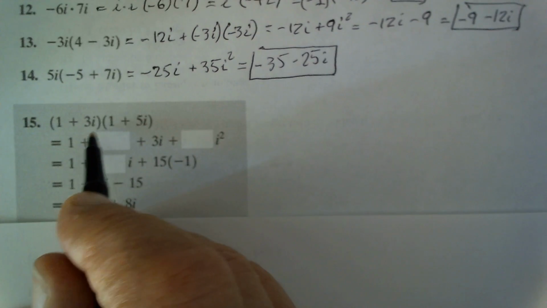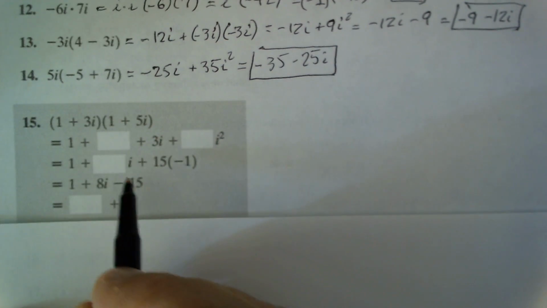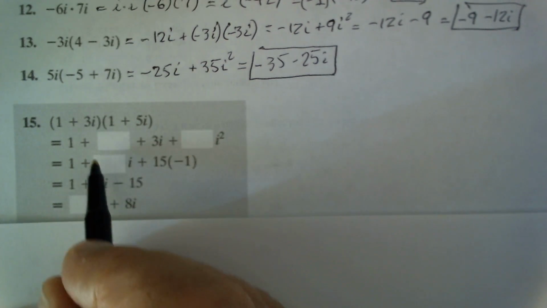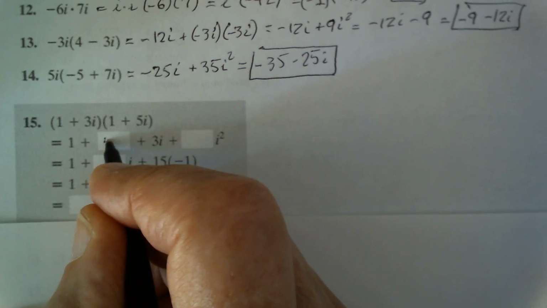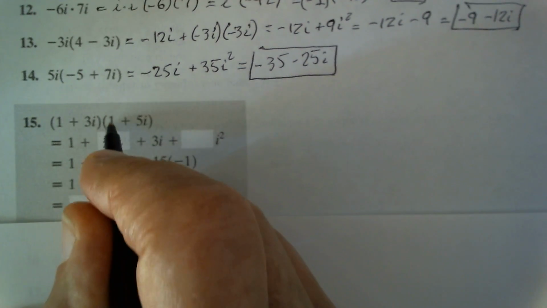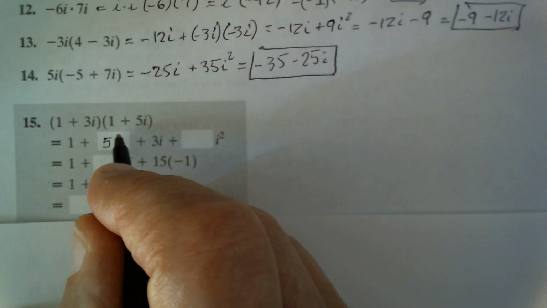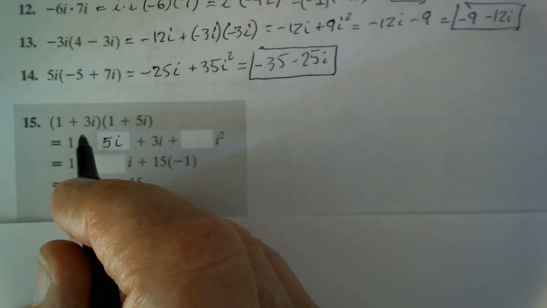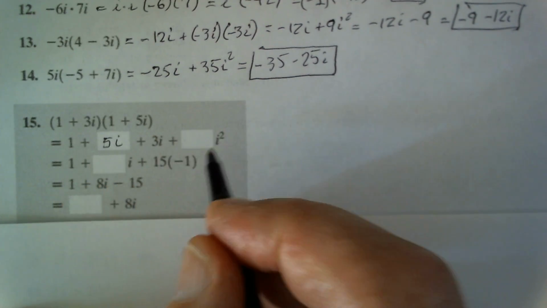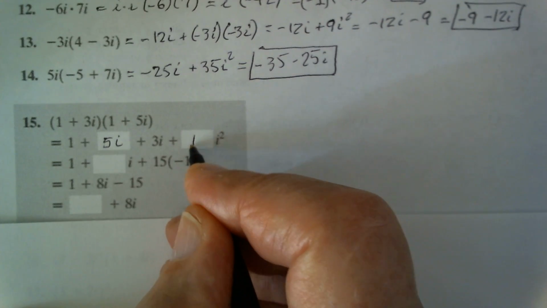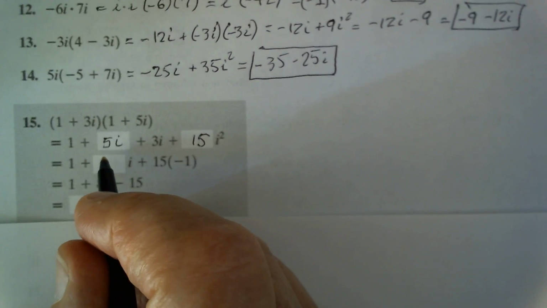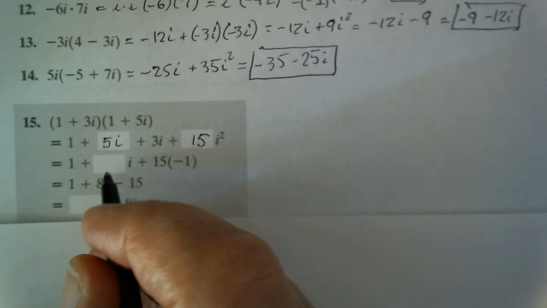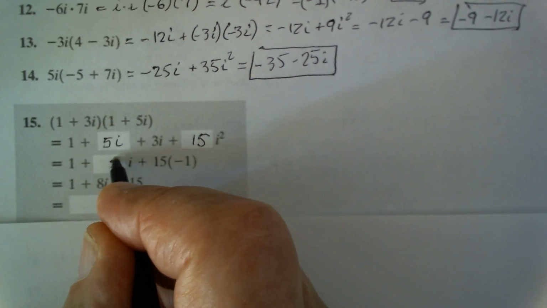So 1 times 1 is 1 squared, or 1. And then 1 times 5i is 5i. And 3i times 1 is 3i. And 3i times 5i is 15i squared. Now we can combine like terms. So it's 5i plus 3i is 8i.